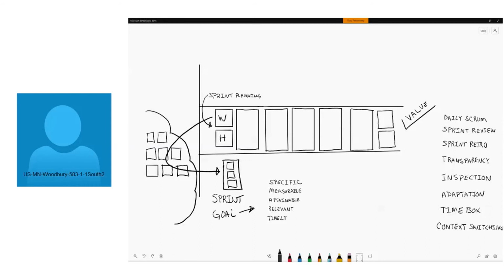But let me be clear that we would never commit to moving these stories from the product backlog to the sprint backlog unless they were attainable, unless we had commitment from the entire team that we can do this. So, as was suggested, that was a very good suggestion. We can create a spike story and say, well, we don't know how long it's going to take to get the chicken, we need to figure that out before we make our commitment.